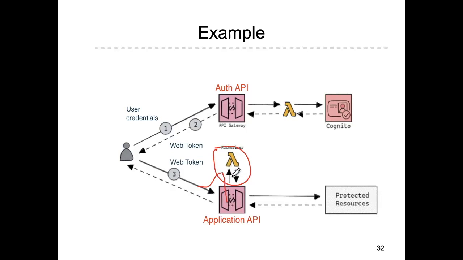And so the lambda will either allow the request that comes in from here to invoke the web API or not. And if the request is allowed to invoke the web API, then that means it's allowed to access the lambda over here. If it's not allowed, then it's prevented, okay?